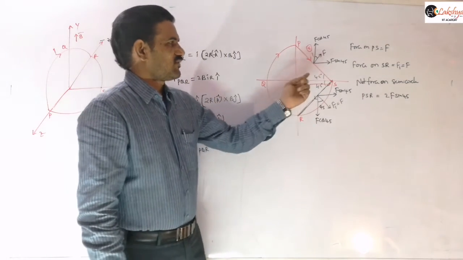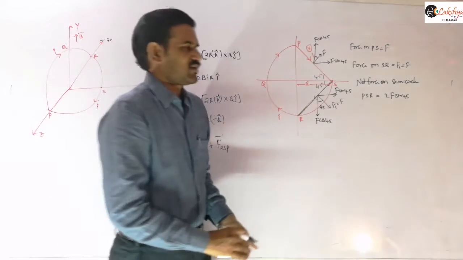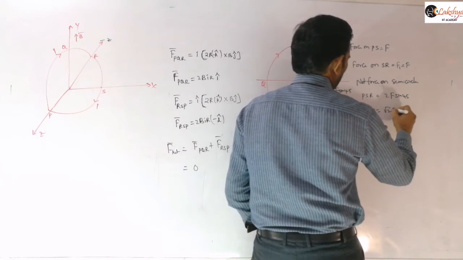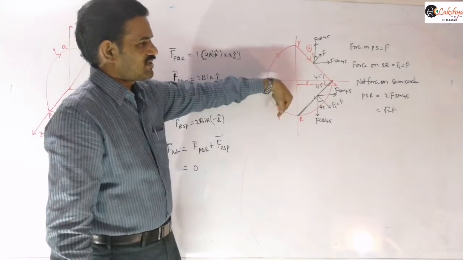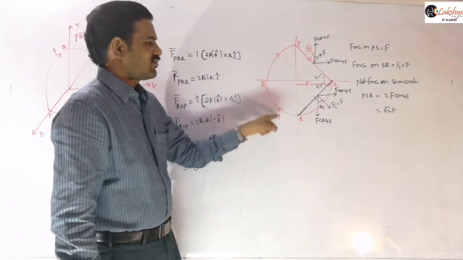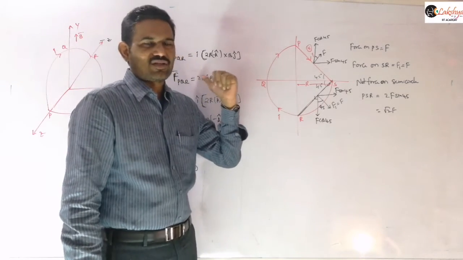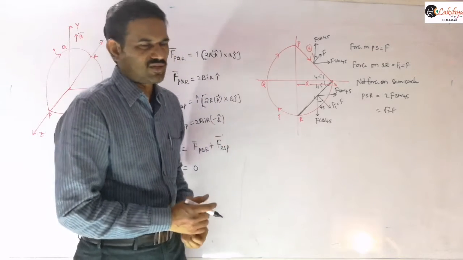Because this cos 45 term will be cancelled here, this force is in upward direction, this force will be downward direction. And so therefore it is root 2F you will get. So now force acting on this semicircle is root 2F, then force acting on this semicircle should also be root 2F in opposite direction there, because the net force acting on this loop will be equal to 0, right?